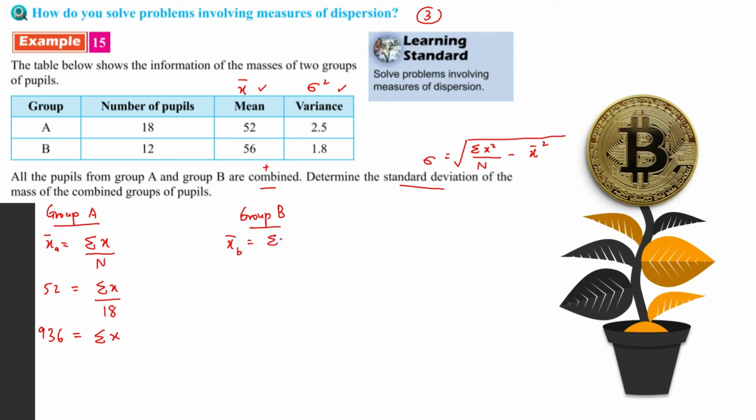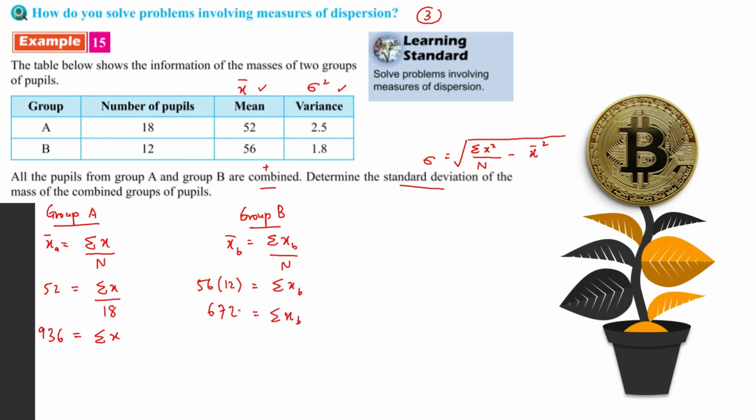So the sum of xb over n. The sum of xb equals 56 times 12, so you will get 672.